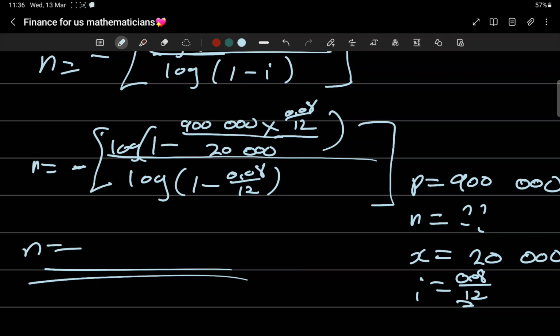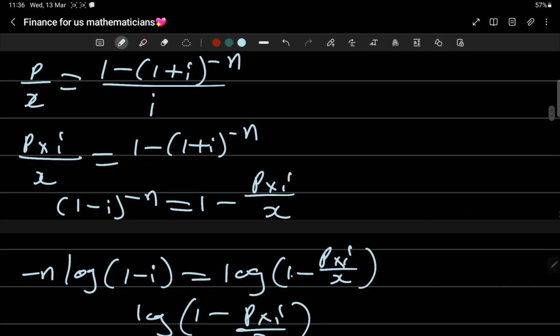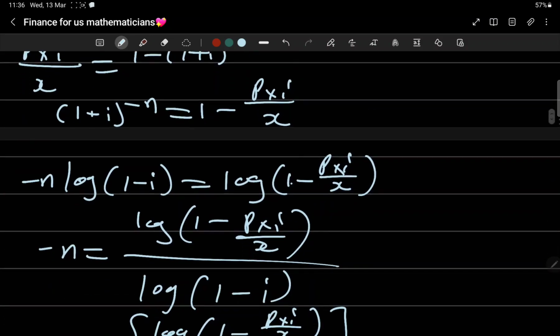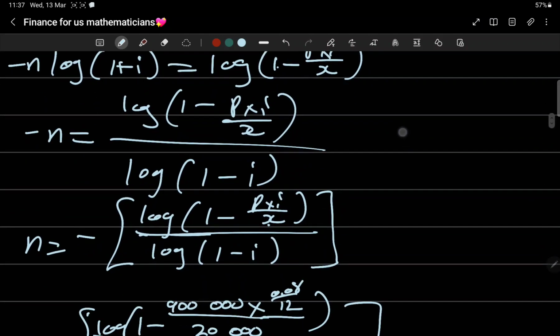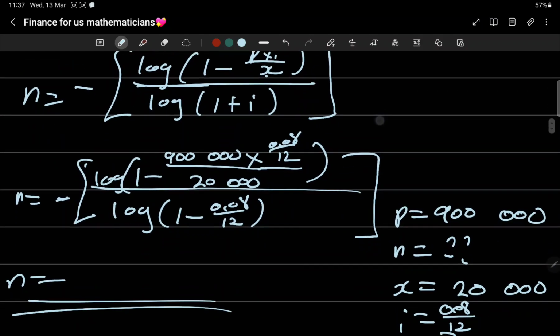Where's the mistake? This is plus, this is plus.